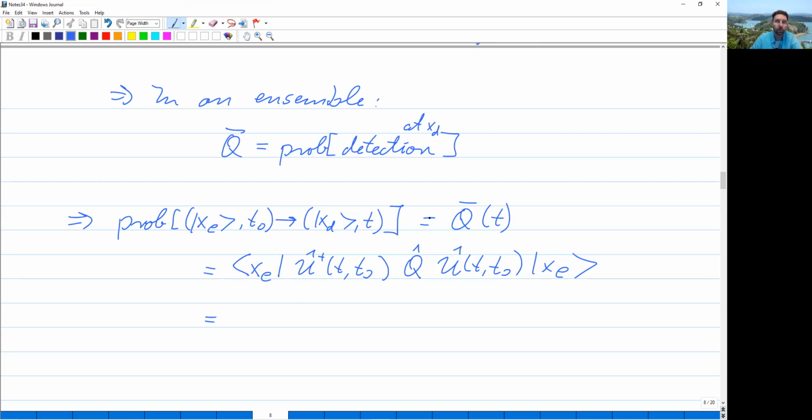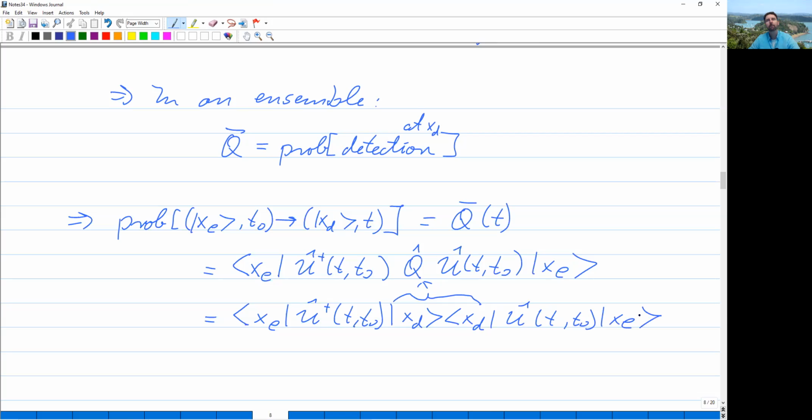Now, let's write out what that is explicitly. After all, we do know what q is. It's this projector. So this is ⟨xe| û†(t, t0) |xd⟩⟨xd| û(t, t0) |xe⟩. Now we recognize what we're dealing with, because this is a Green's function.